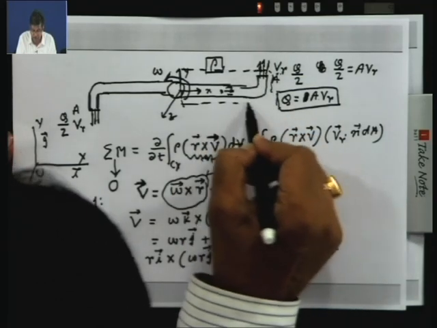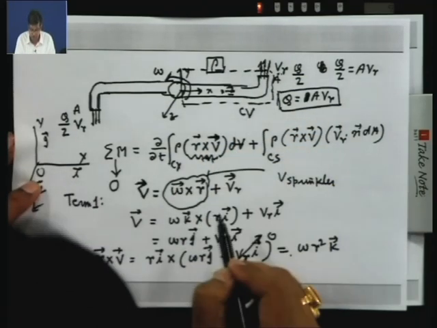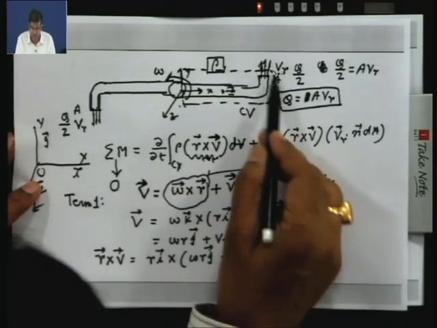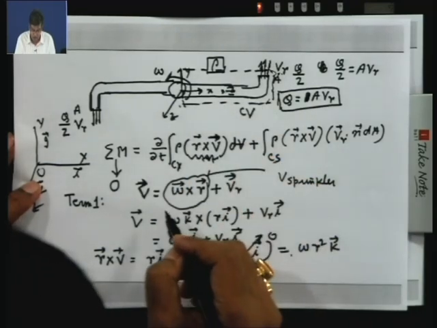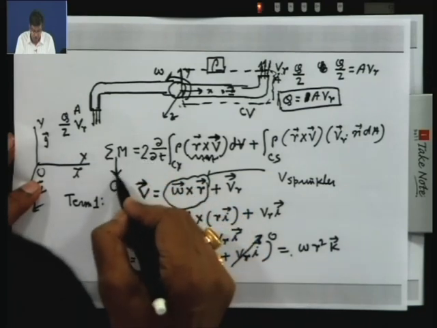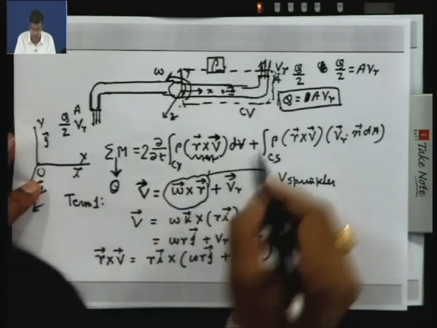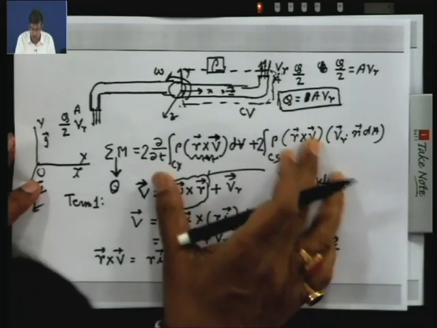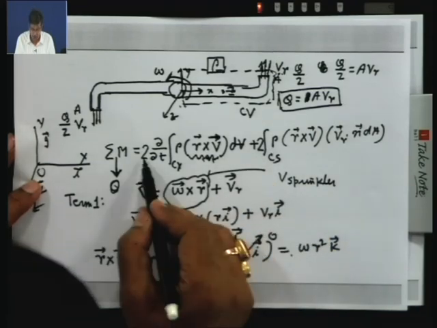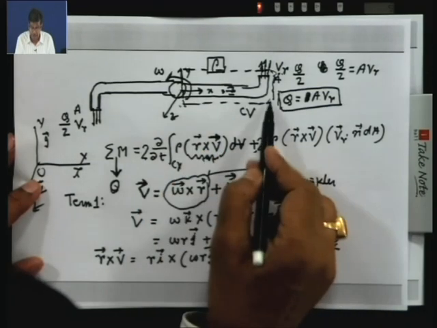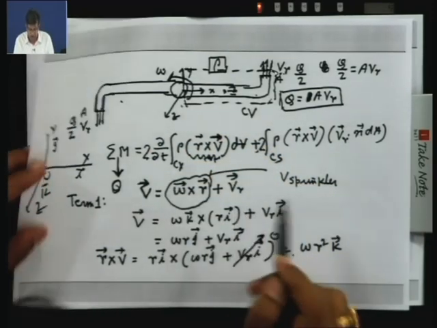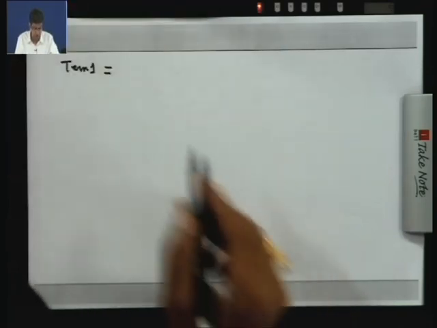Because of the symmetry, I take one arm here, the right arm, as the control volume, then everything should be multiplied by 2 when I write this equation with the total moment acting on it. Incidentally, it is 0 here, so I will write 2. This is not 2 as in the general equation of angular momentum conservation by the Reynolds transport theorem. 2 is applicable for the application here when your control volume is half of the total equipment. So therefore a 2 will come, otherwise you will not be able to understand.